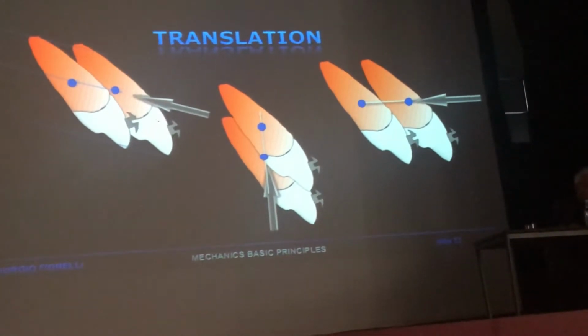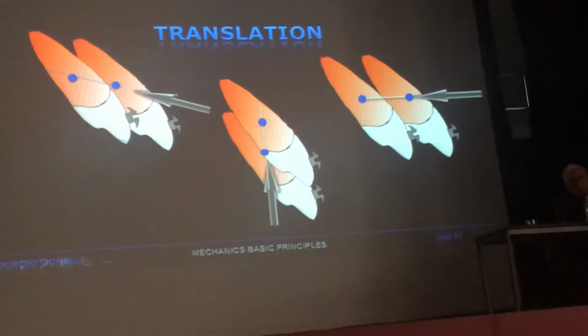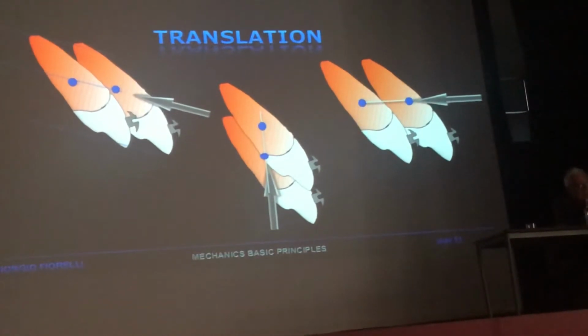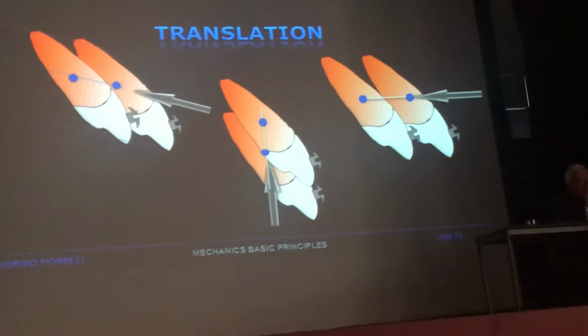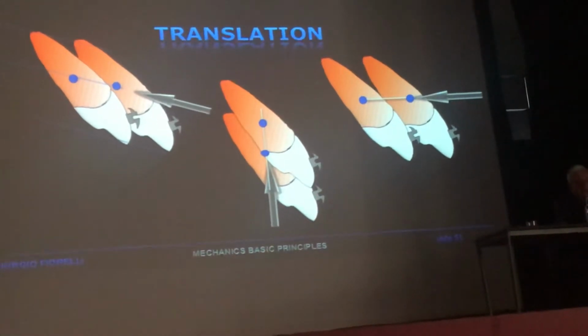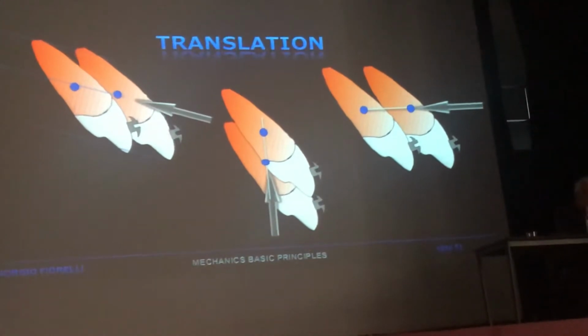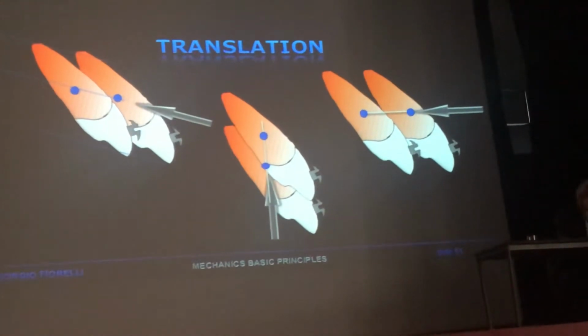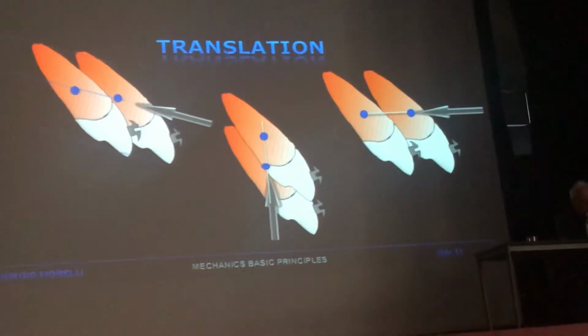This movement, as I represented here, is related to the direction of the force. So you see that I have represented a force, which is a vector, having a line of action passing through the CR, the center of resistance, which is this blue point that I've been drawing there, and the movement of the center of resistance is happening along the line of action of the force.